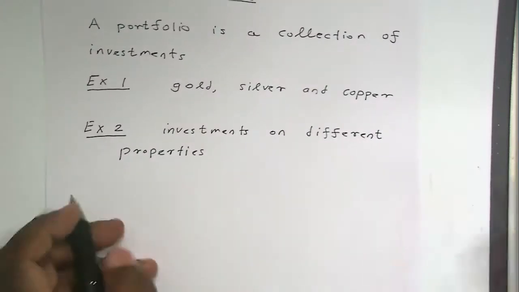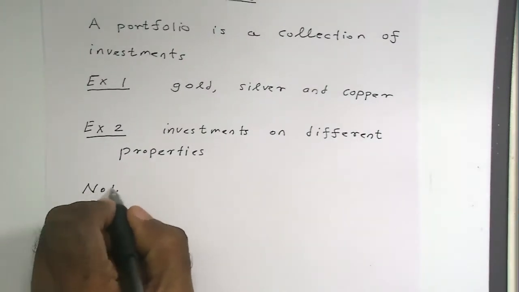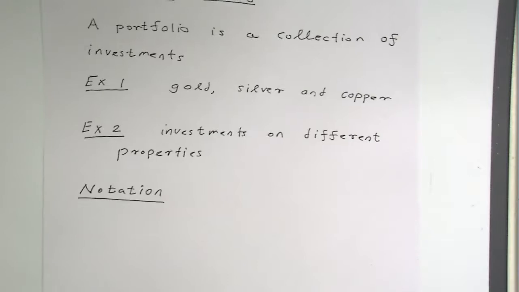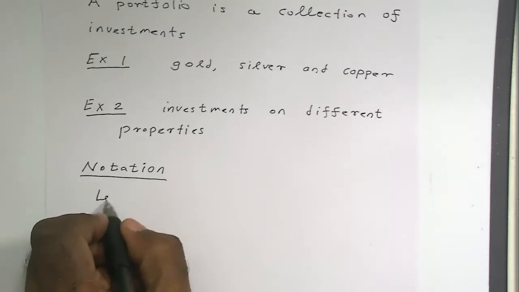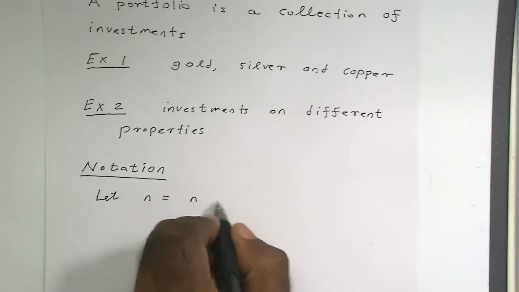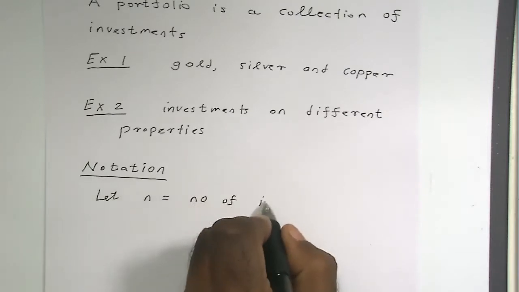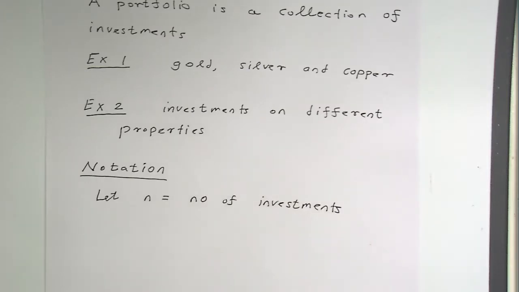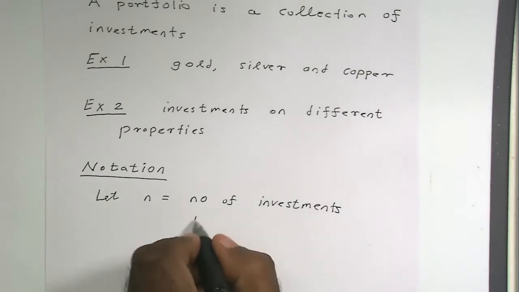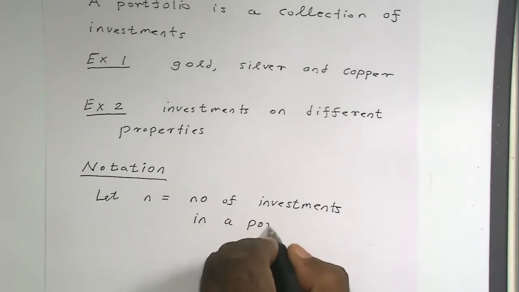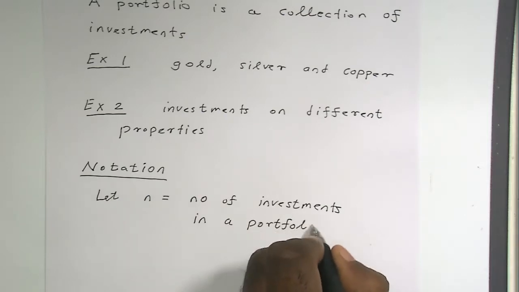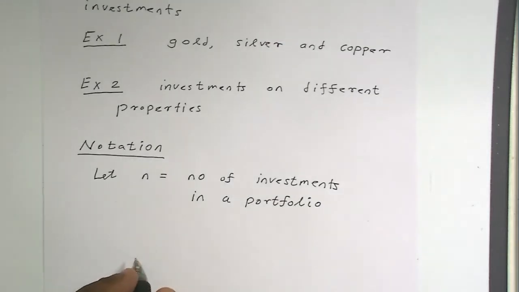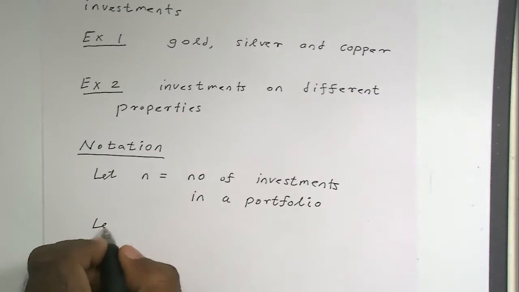So now I'm going to introduce some notation. Let n denote the number of investments in the portfolio, right?